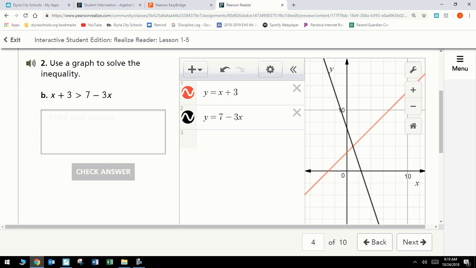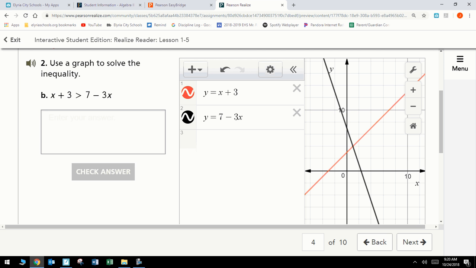So then after 1, can you see my graph up here? No, it's the same graph, it's just your zoom is a little different. But this point where they intersect, the x value is 1.